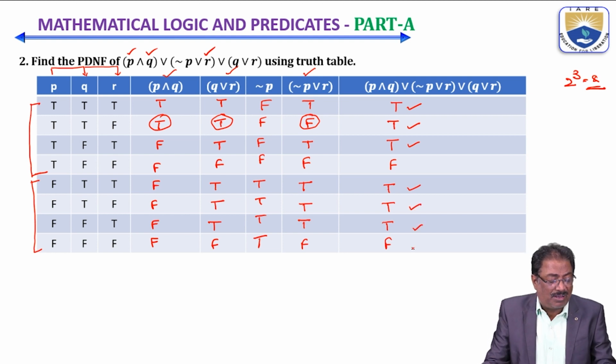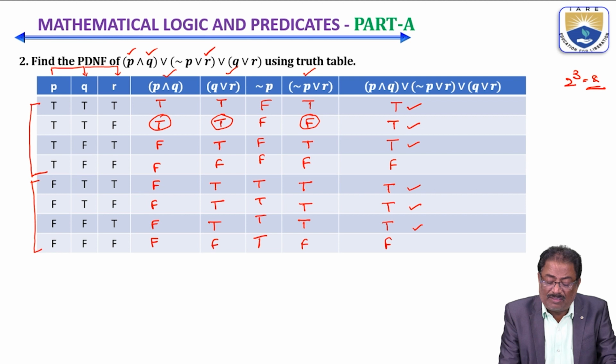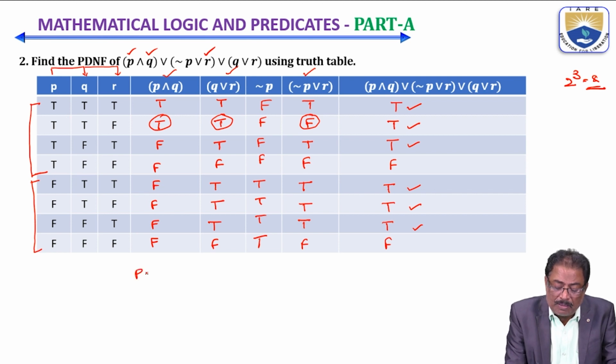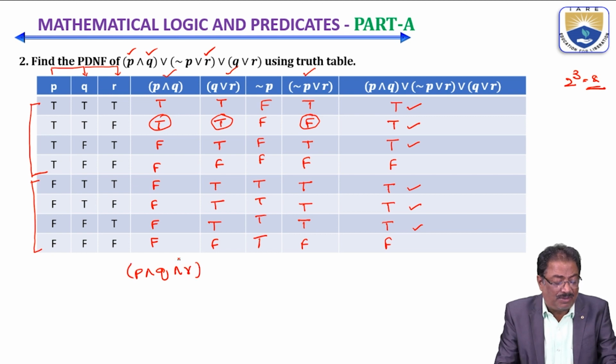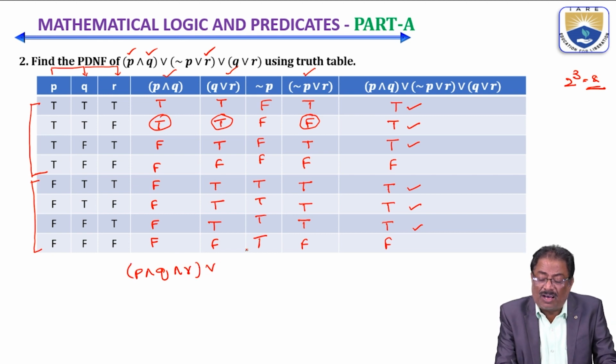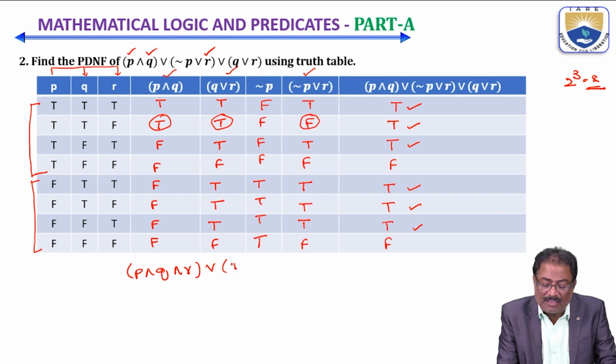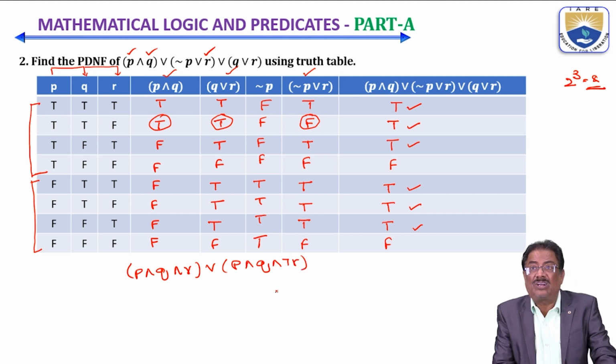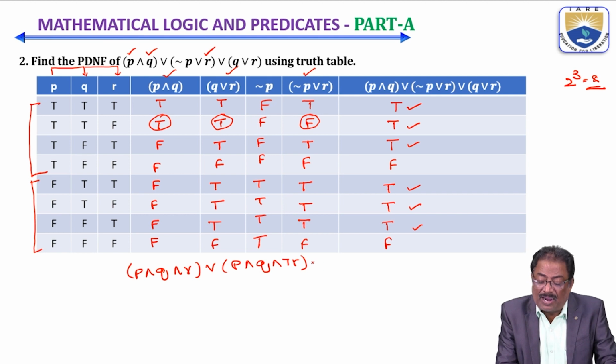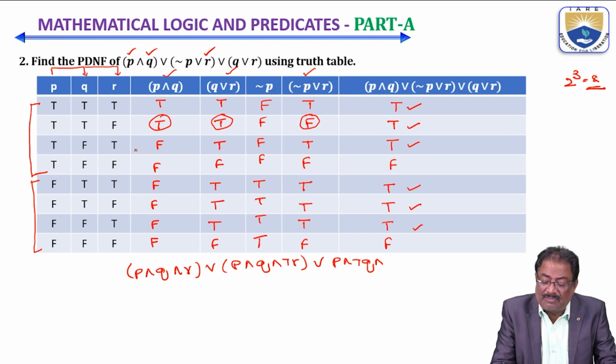The first truth value is, we are going to take it as P and Q and R. The second one is P is the same, and Q is the same, and R is false, so we are going to take it as negation of R. And the third one is P is true, and Q is negation of Q, and R is then false only.